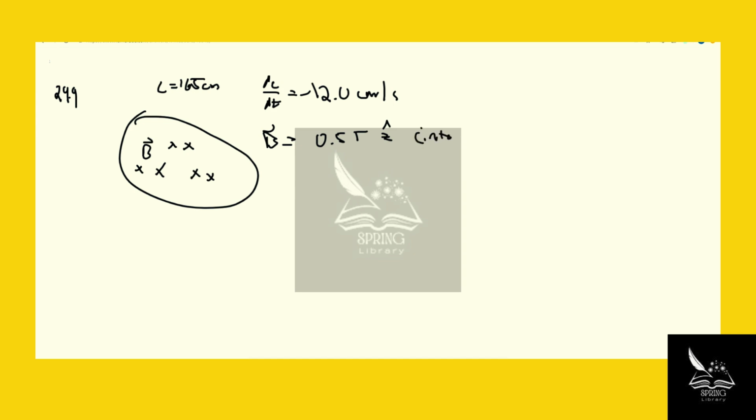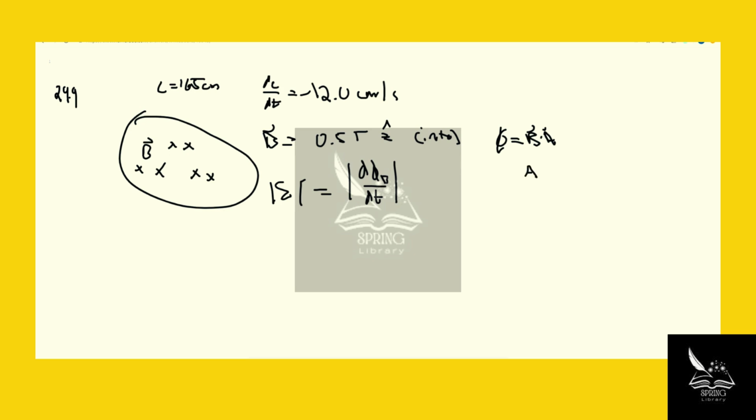So now we want to find the EMF induced in the loop at the instant when 9 seconds have passed. Let's find the magnitude of this using Faraday's law. Faraday's law says this is given by the change in magnetic flux over the change in time. Since the magnetic field is not changing, our flux is B times A, but our A is changing.